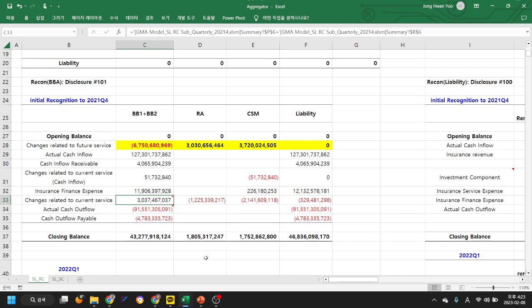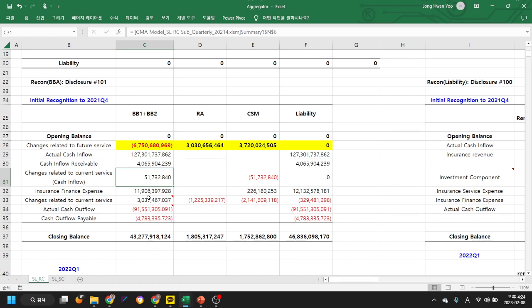But I need to come up with the insurance finance expense, nothing for risk adjustment, but I have to do it on the sum of building block 1 and building block 2 and also the CSM. And this is an experience adjustment, but this other one is probably an estimate adjustment. It is the difference between the estimate of future premium to receive and the actual premium received, which shows such a difference.